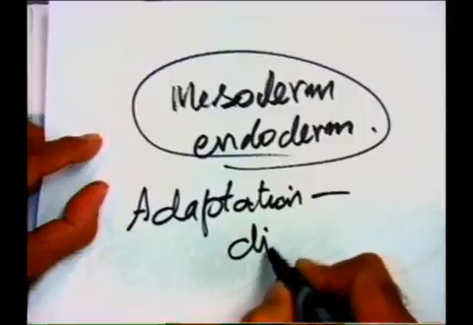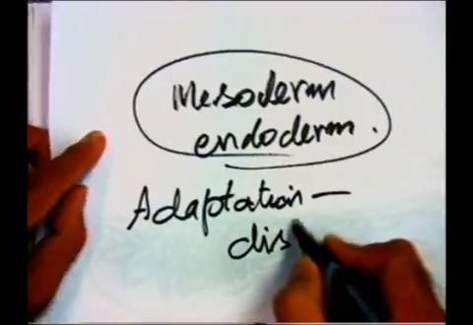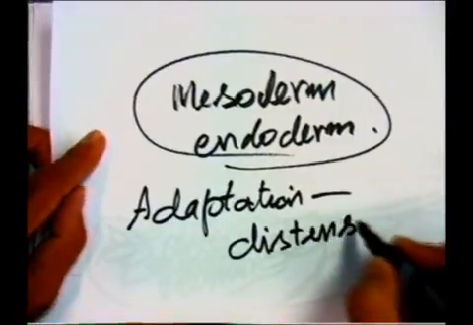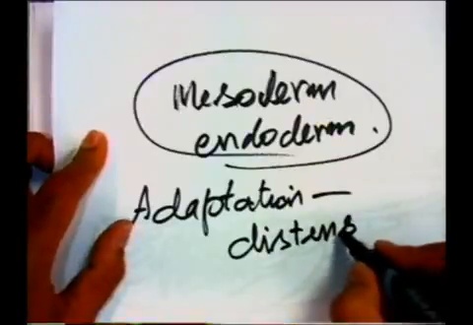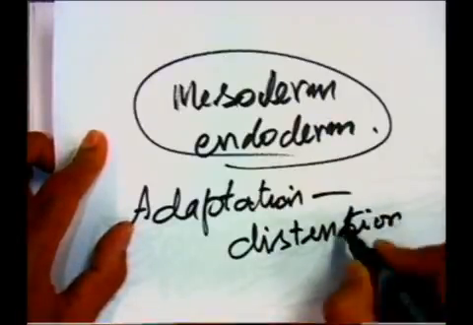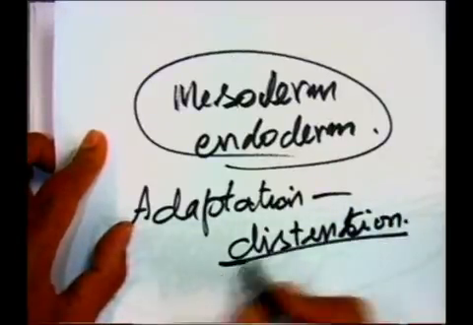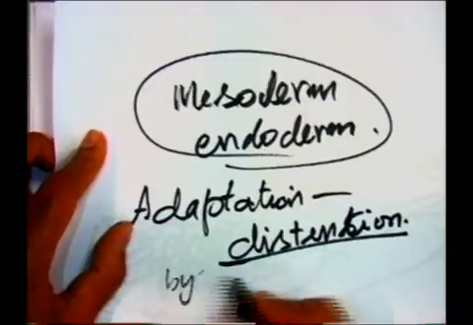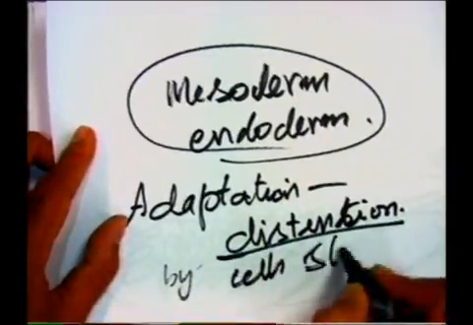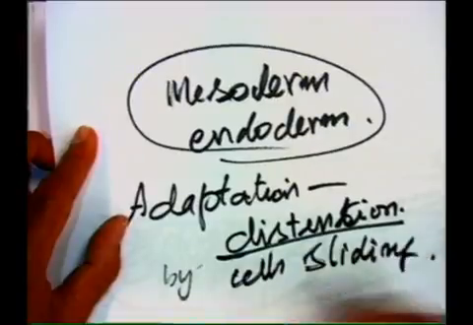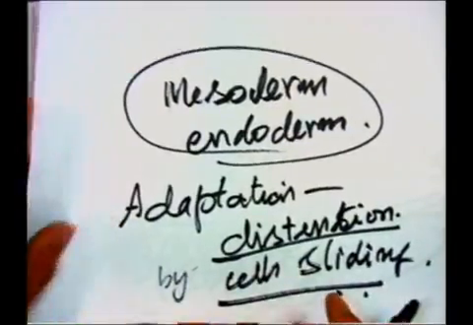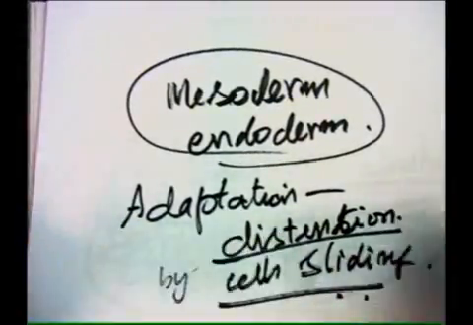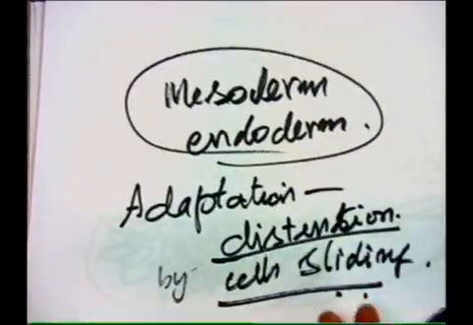For the distension, the cell size will increase and decrease, by cells sliding over one another in the epithelium layer. So that's why it contracts and relaxes.